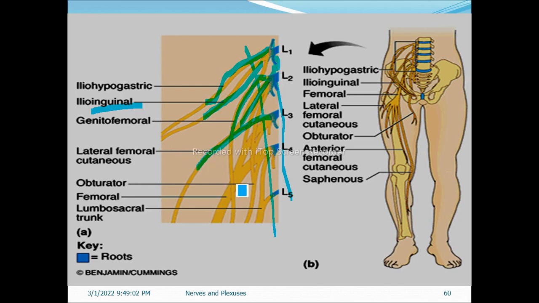Obturator nerve arises from lumbar 2, 3, 4, from the anterior division, whereas the largest and most extensive one is the femoral nerve. Femoral nerve arises from lumbar 2, 3, 4, but the posterior branch, whereas lumbar 4 and lumbar 5 give the lumbosacral trunk.